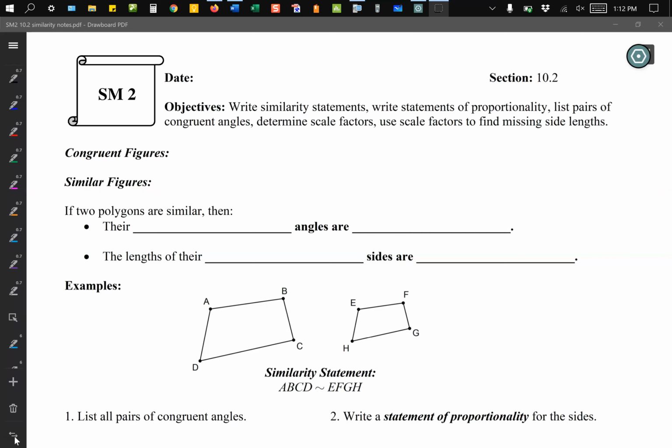So first of all, you need to know the difference between congruent and similar. So in geometry, when we say that two figures are congruent, we mean that they are identical. They are the same shape and they're the same size.